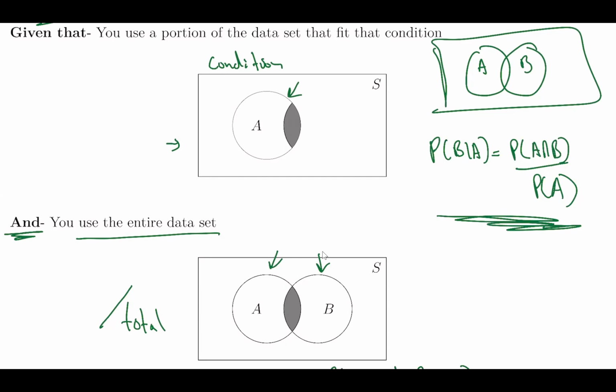If you notice right here, the condition is that event A has already occurred. So that's why only A is selected.